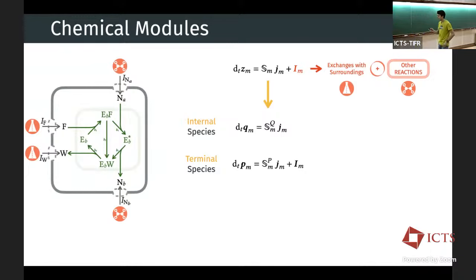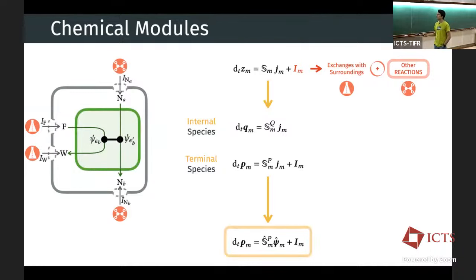And the objective, as I was alluding to, is to derive a closed equation in terms of terminal species only, by hiding away, by coarse graining, all the complexity that is inside the module.